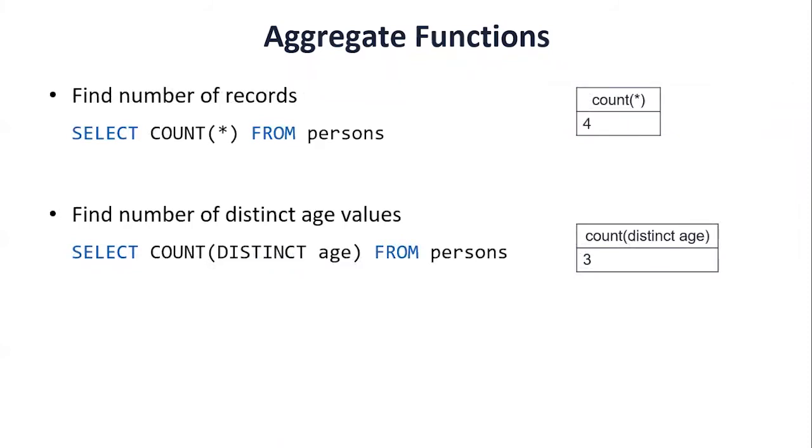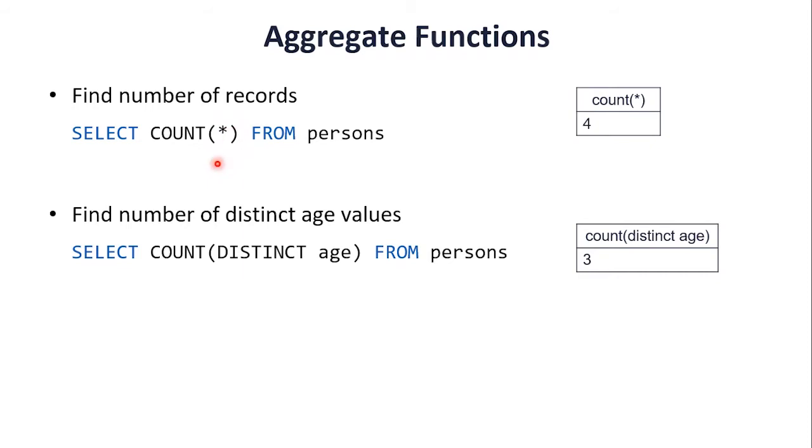And let's look at another aggregate function, count, that is useful whenever we want to find the number of records, or the count of records. So again, it's very similar to the average function. We are going to write it as select count, and within these brackets, we can provide a column name if we want to count a particular column, or if we want to find all the records, we can just specify all here with an asterisk, this star symbol.